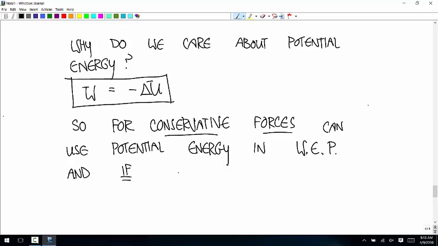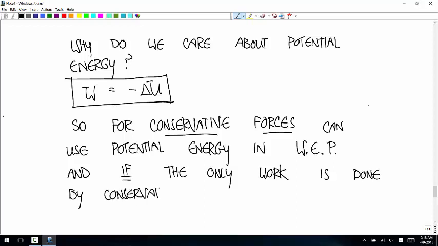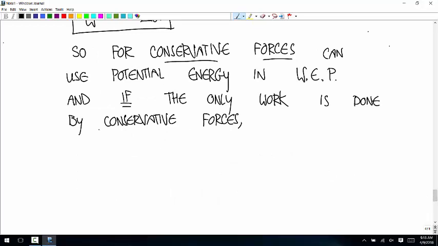And if the only work is done by conservative forces, and really that's most of the problems that we're going to do, the work energy principle reduces to conservation of mechanical energy.